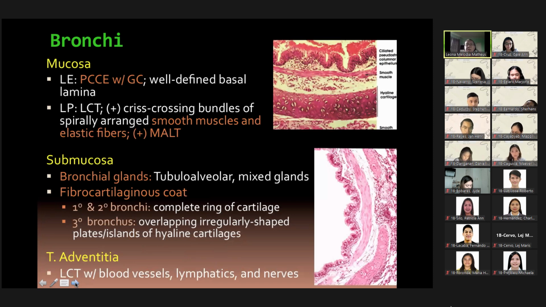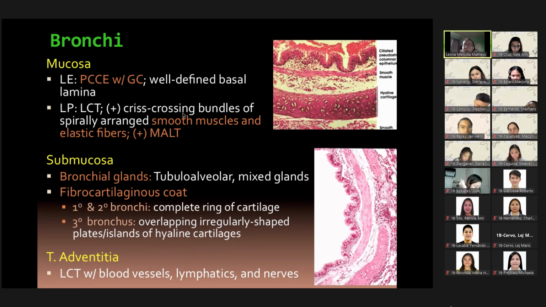Now let's discuss them individually. Let's start off first with our bronchi, and note here in the picture, we have, of course, the mucosa, which is made up of the lining epithelium and the lamina propria. The lining epithelium is made up of your respiratory epithelium, so the stratified columnar ciliated with goblet cells, with a well-defined basal lamina.